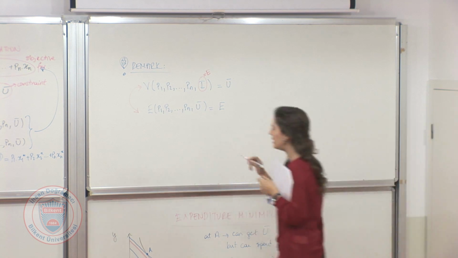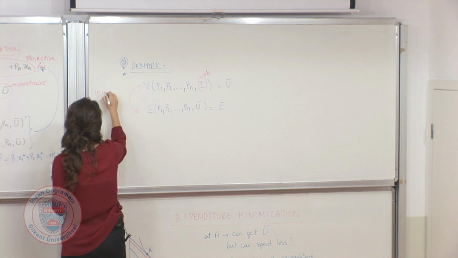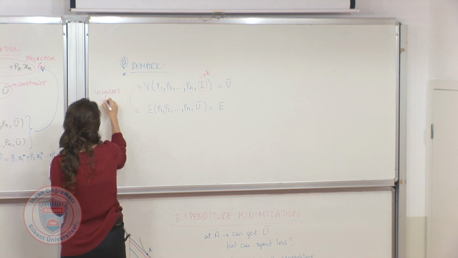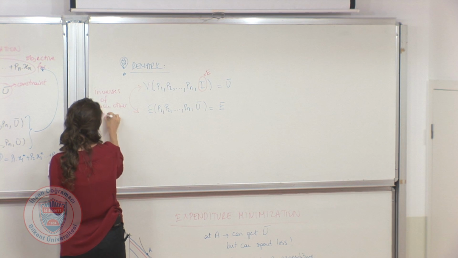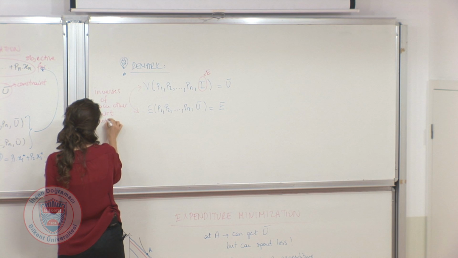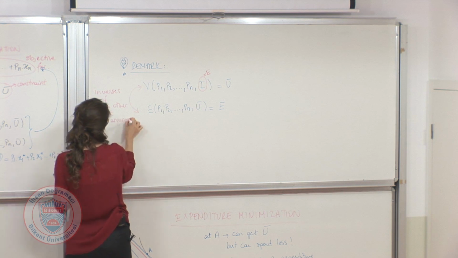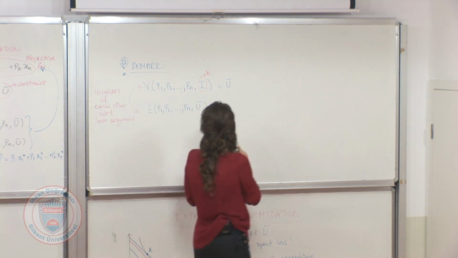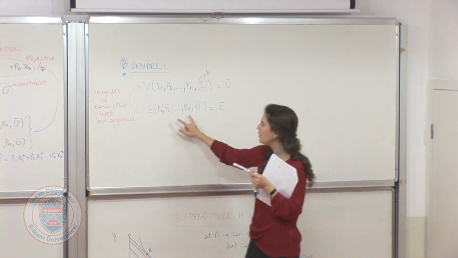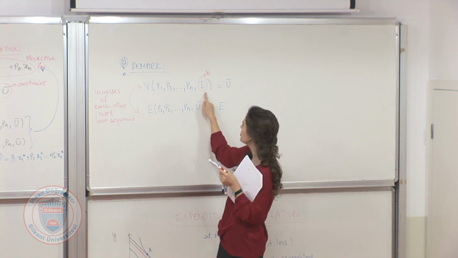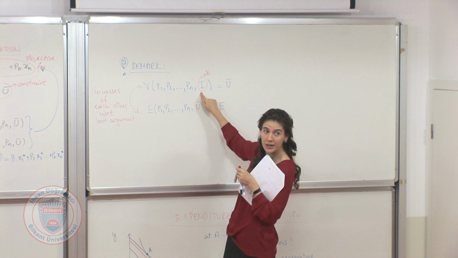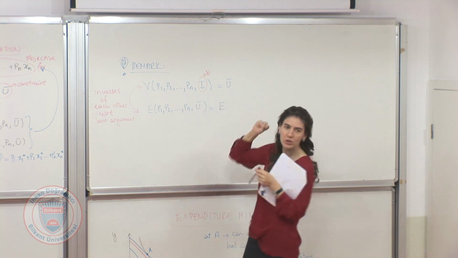So you'll see what I mean by inverses of each other with respect to the last argument, okay? It means this: if you put this expenditure function here, if you plug this here, it's going to give you utility.